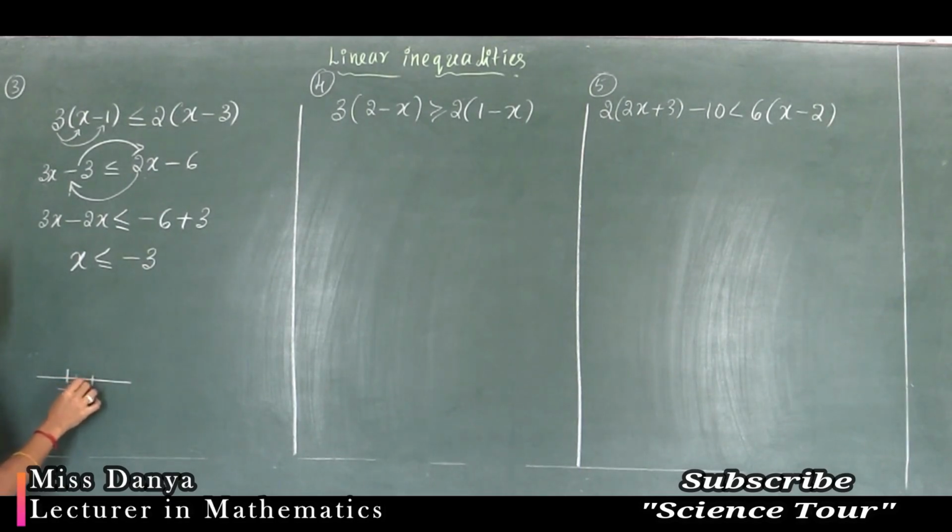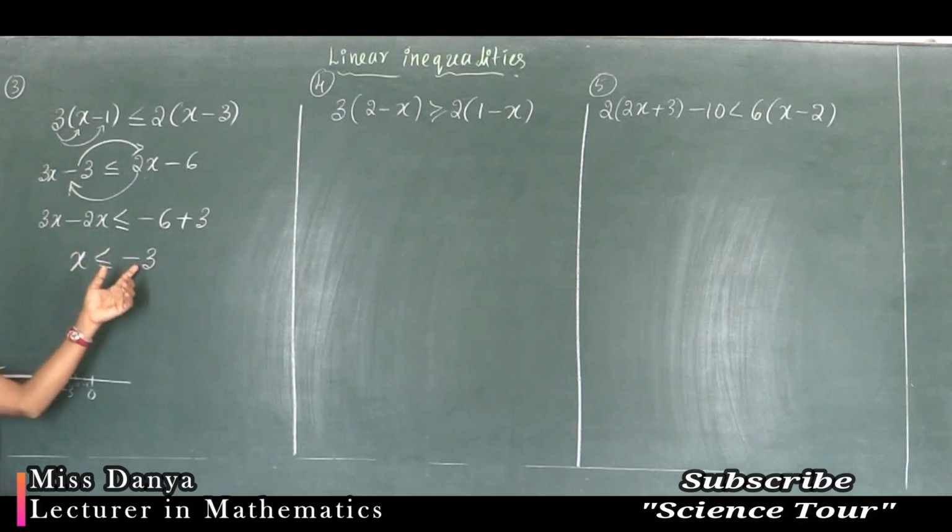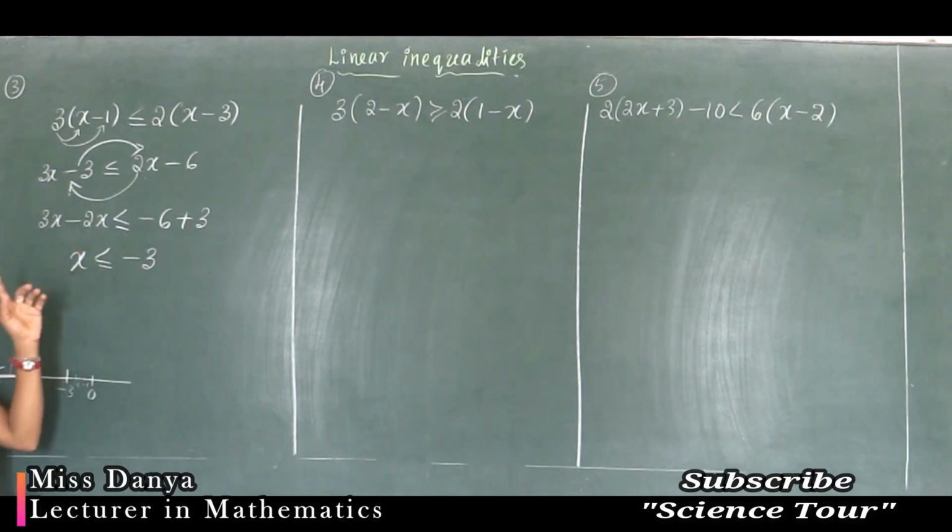Less than or equal to minus 3 means to the left side of minus 3. If you take any real number to the left side of minus 3, that will be the solution of this inequality. Less than minus 3 as well as equal to minus 3, those real numbers will be the solution of that inequality.